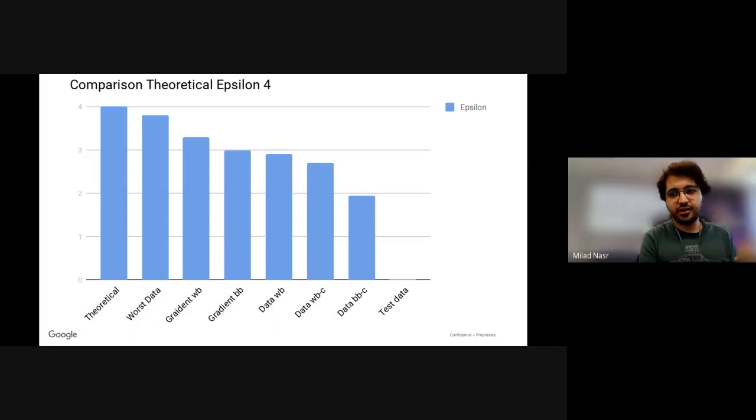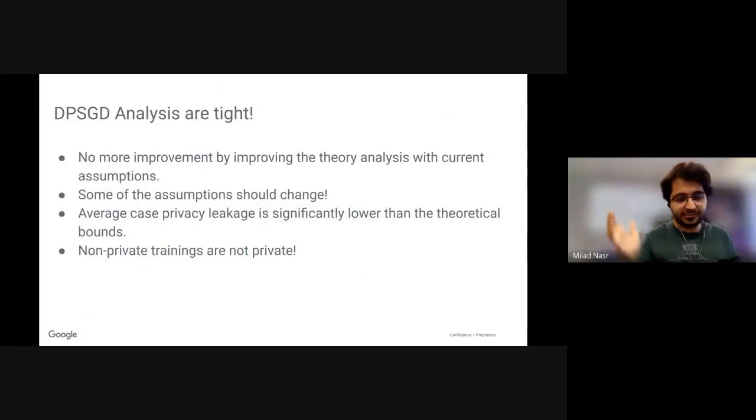And with that, it's a summary of my internship work: first of all, DP-SGD analyses are tight in settings where they assume that the adversary has access to all of these things, so the current theoretical bounds are tight.